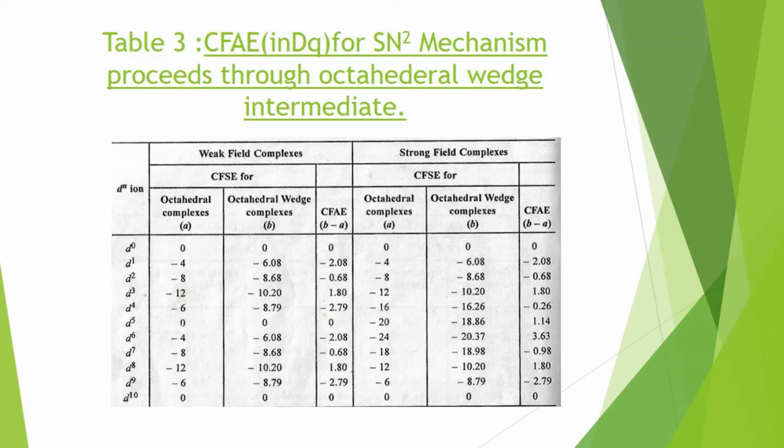From the table, it may be noted that weak field octahedral complexes of metal ions with d0, d1, d2, d4, d5, d6, d7, d9 and d10 configurations have negative or zero value of crystal field activation energy. Therefore, they are labile complexes. And complexes of metal ions having d3 and d8 configurations have positive value, so they are inert complexes.